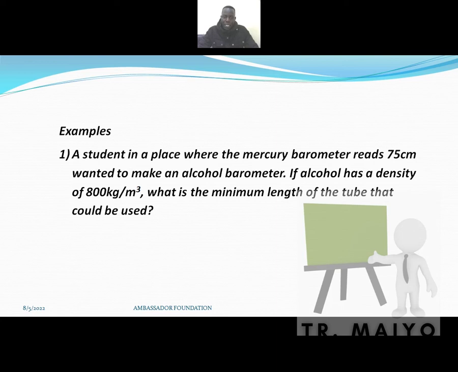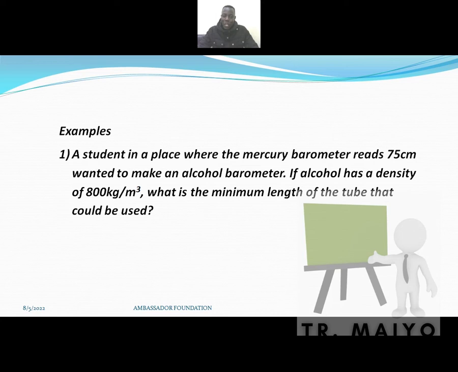If alcohol has a density of 800 kilogram per meter cubed, what is the minimum length of the tube that could be used? So in short, whether you use mercury or alcohol to measure atmospheric pressure, the value of atmospheric pressure at that given place should be the same. Because it should be the same, we know that mercury has the height of 75 centimeters. The density is 13,600.